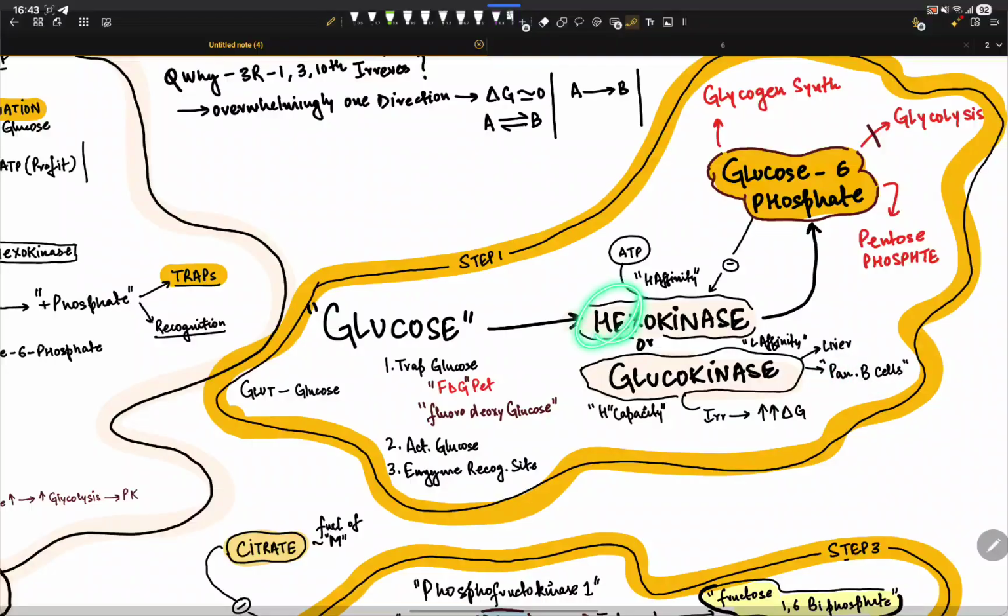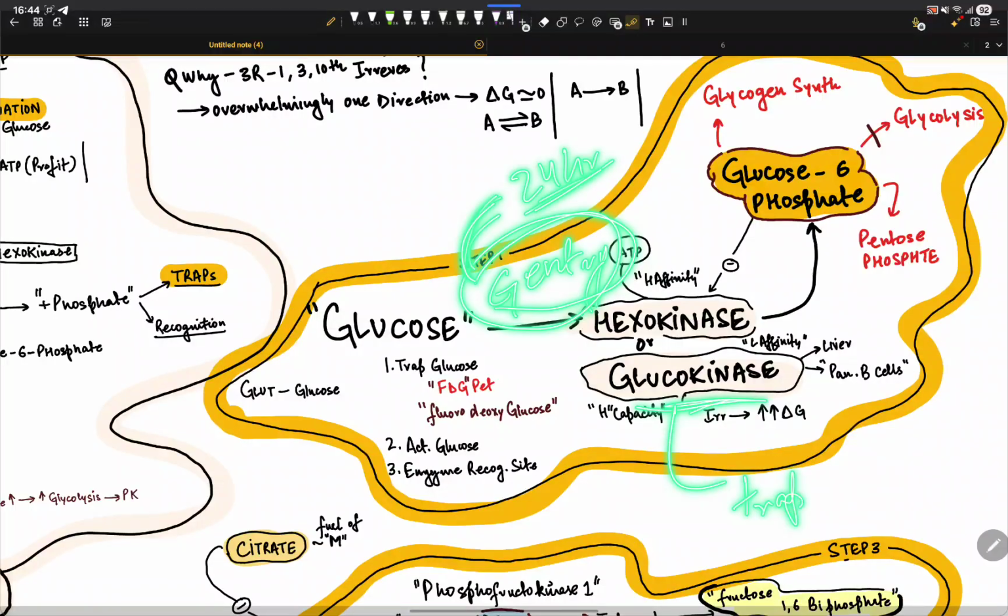Now, you might be asking why. Well, hexokinase has a different function. Hexokinase is meant for glucose entry and glucose capturing while you are not eating, literally 24 hours a day. And glucokinase is responsible for trapping glucose only when you have big meals.